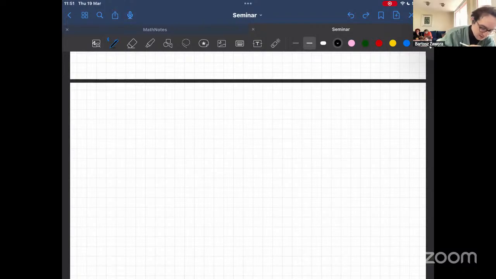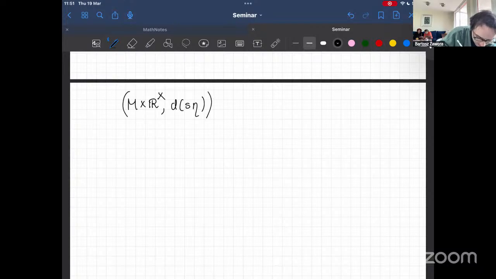Well, the idea is to use symplectization. So we are in a setting of M times R, and we have a symplectic form, d of s times eta. We have a Lie group action, right?